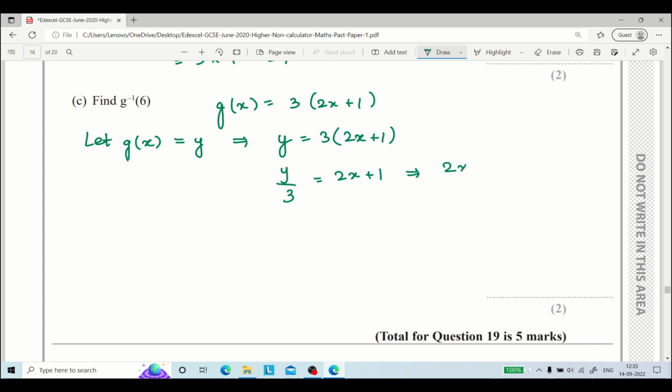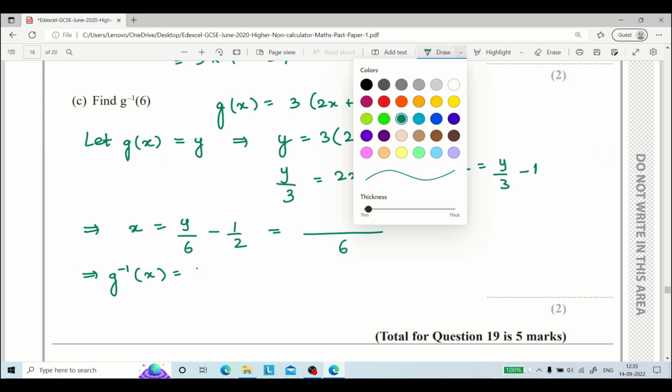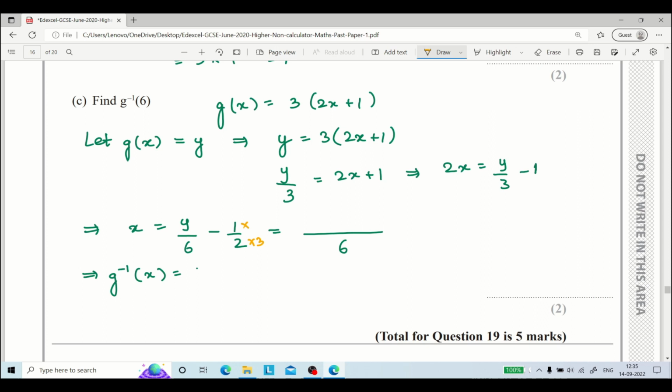This means 2x is equal to y upon 3 minus 1. This means x is going to be y upon 6 minus half. Here we'll keep the denominators common, that is 6. So in order to make this 6, you're going to multiply it by 3.